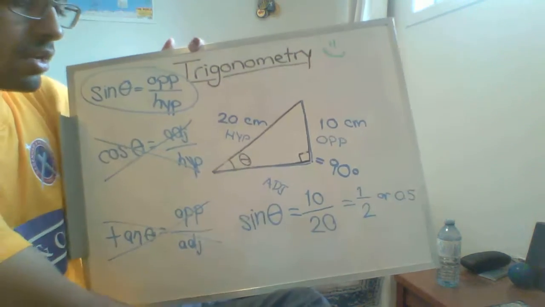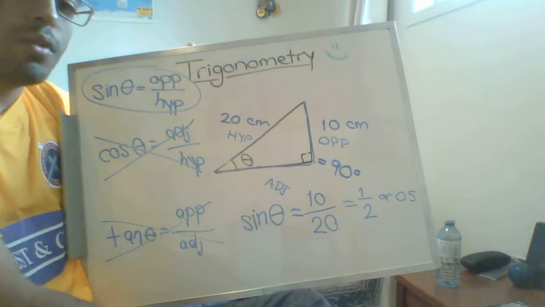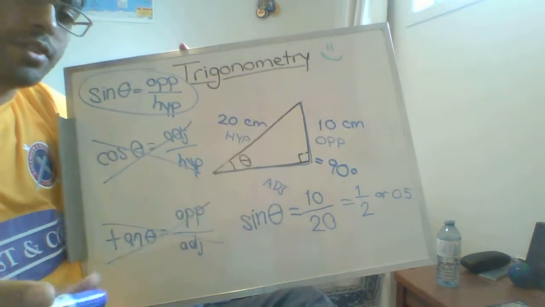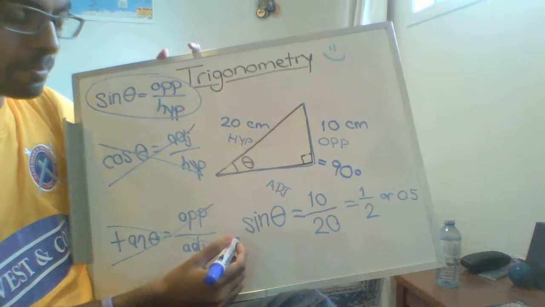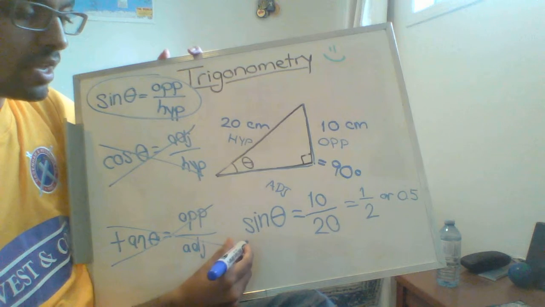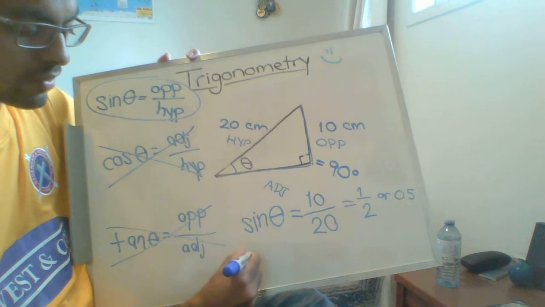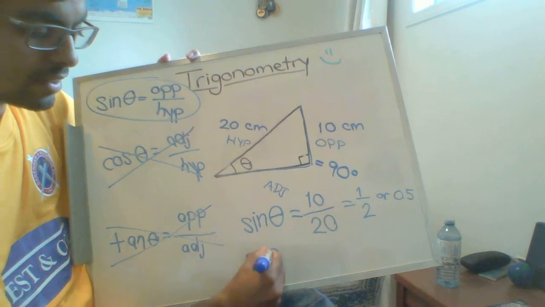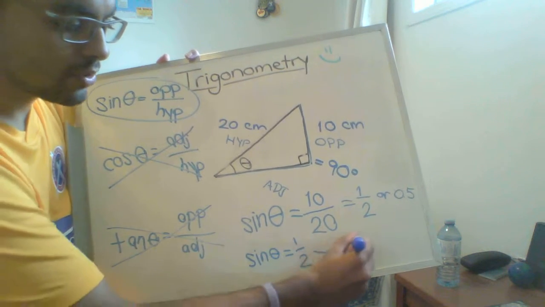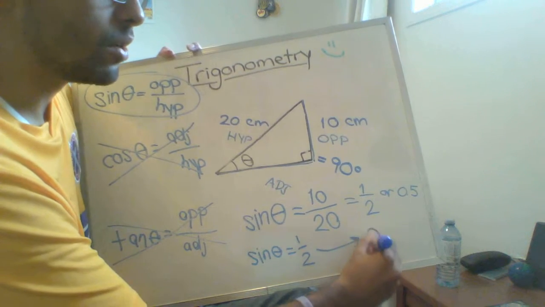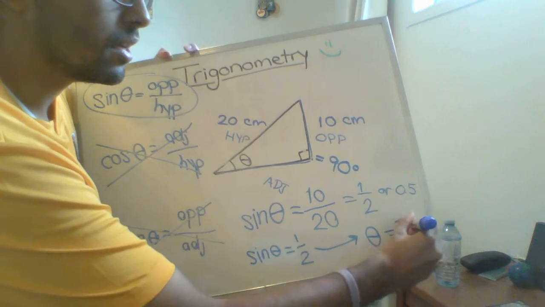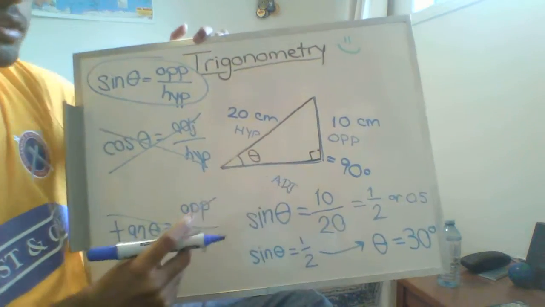Alright, now we won't talk just yet about how to get from your sine theta value to your theta value, just because we're running out of time, but we'll end up talking more about this later. But basically, if sine theta equals 1/2, that actually tells you enough information that if you were to take one of those big tables and look it up, it would tell you that theta is 30 degrees.